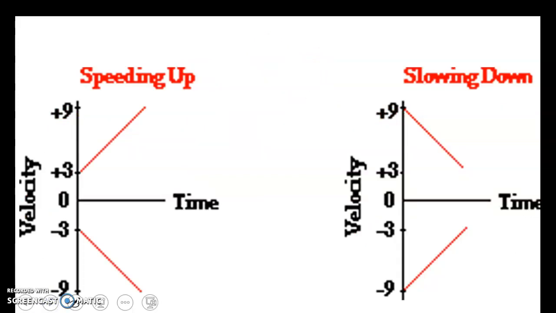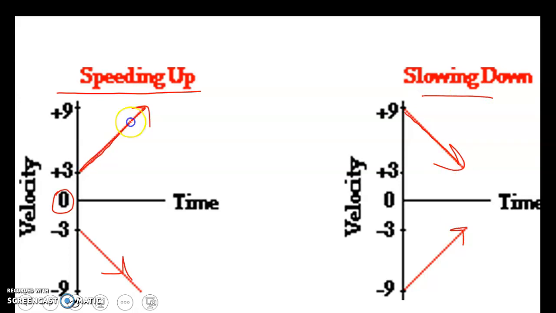Now, if our objects are going away from 0, if our slope is going away from the center line, okay, then the object is speeding up. If our lines are heading towards 0, we're slowing down. I'll say that again.